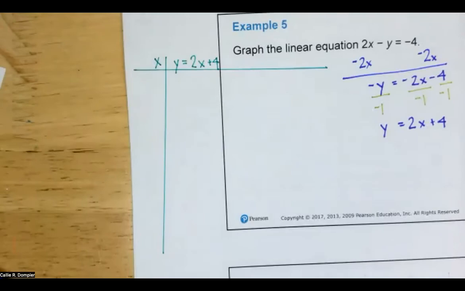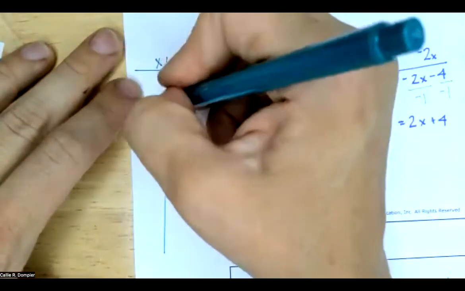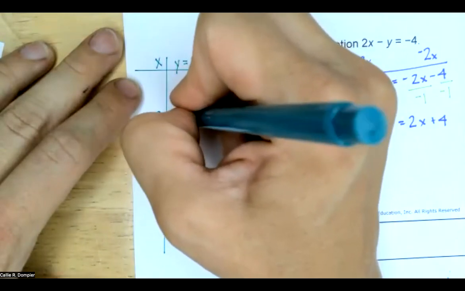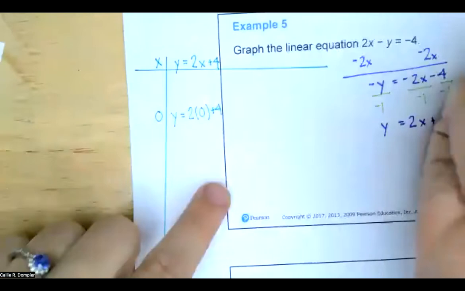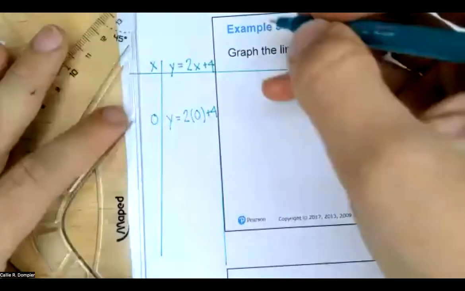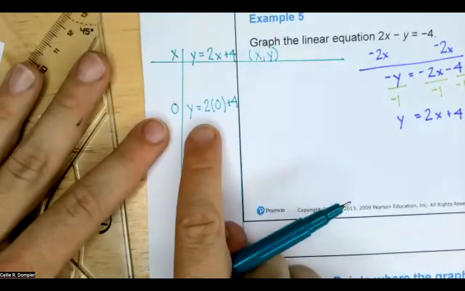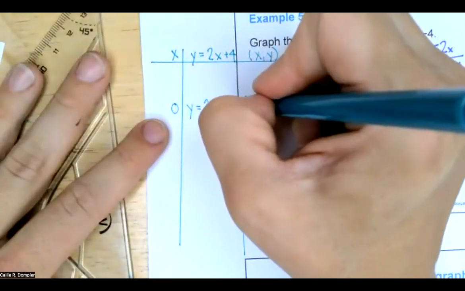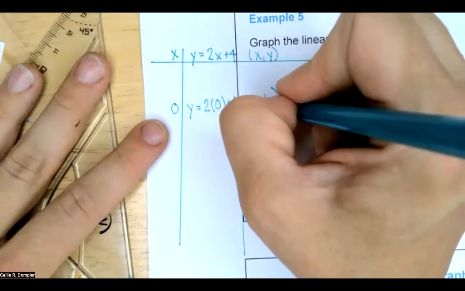All right. Again, I said I like doing 0. So when x is 0, y equals 2 times 0 plus 4, which is, so this is now just x comma y. When x is 0, y is 2 plus 4, which is 6, right?